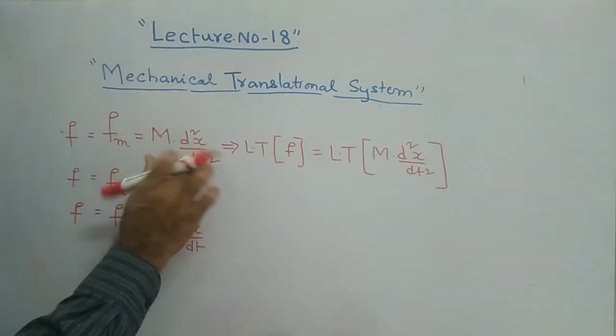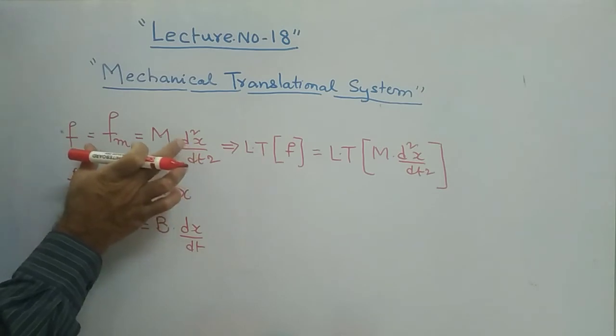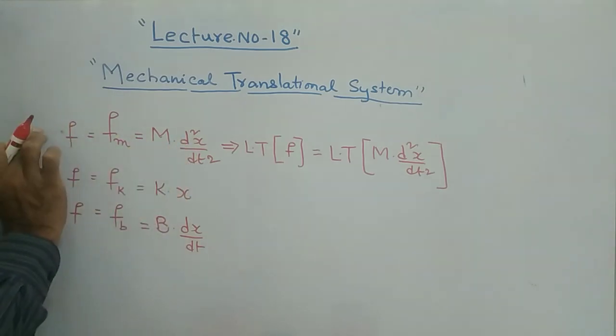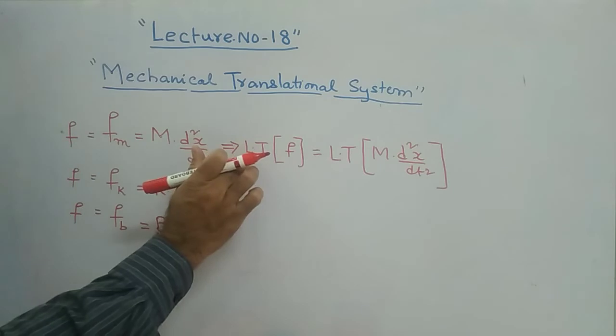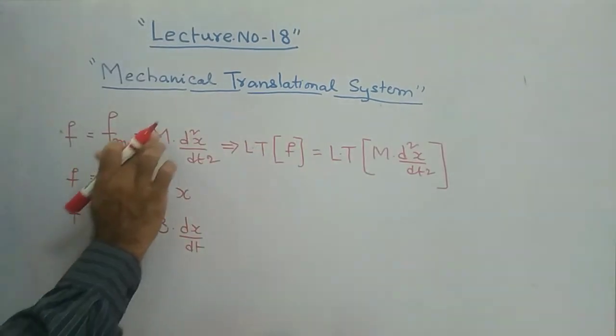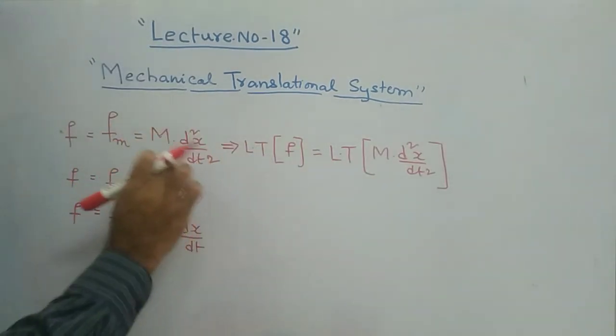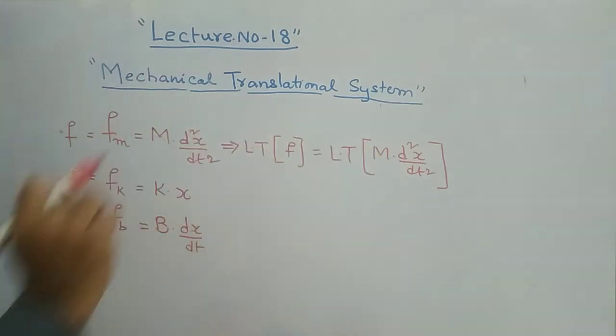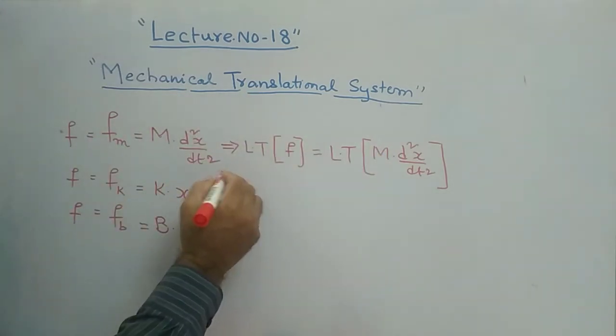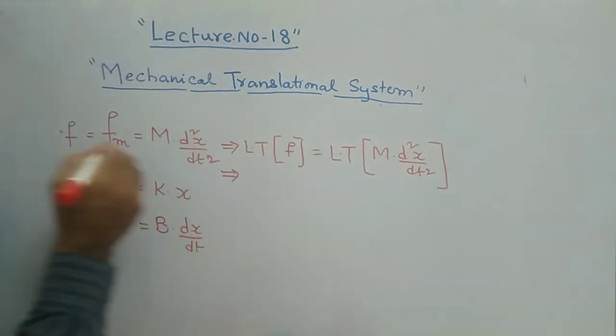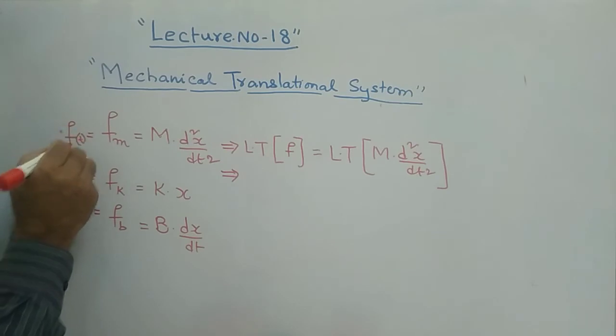So for this first force balance equation of the mass element, if I apply the Laplace transformation, then L of t of F is equal to L of t of this total quantity that we have to consider. So this implies L of t of F, or you can say F of t also, no problem.